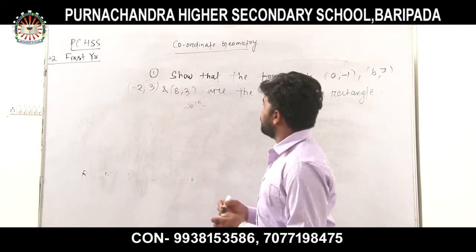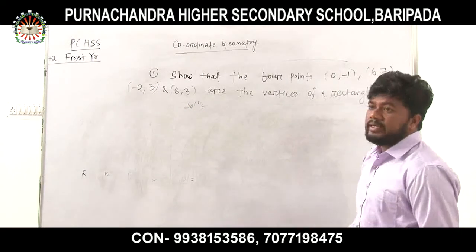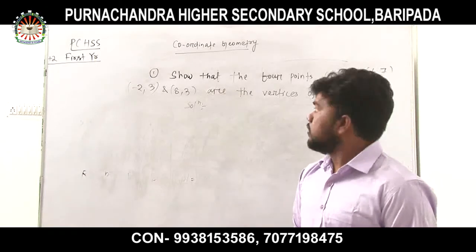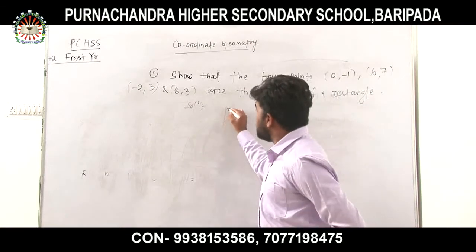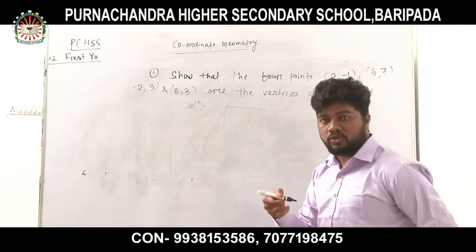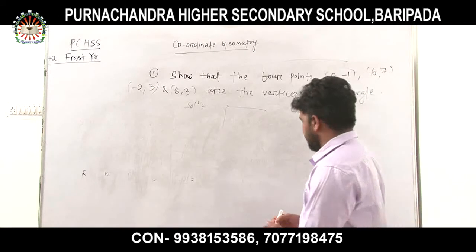Solution. Now, the properties of a rectangle: opposite sides are equal and the diagonals are also equal in length.